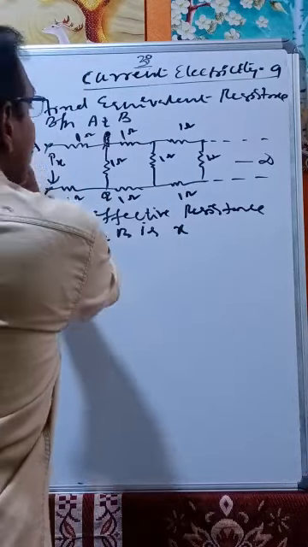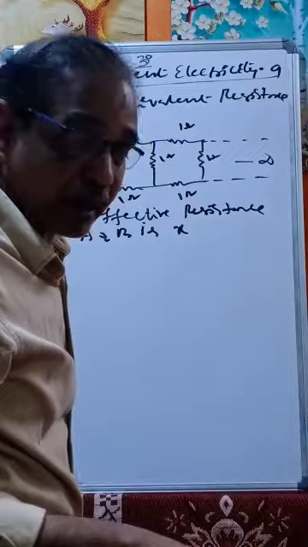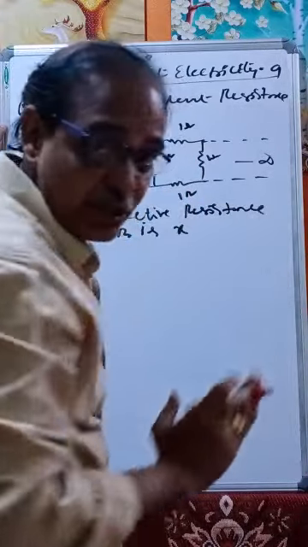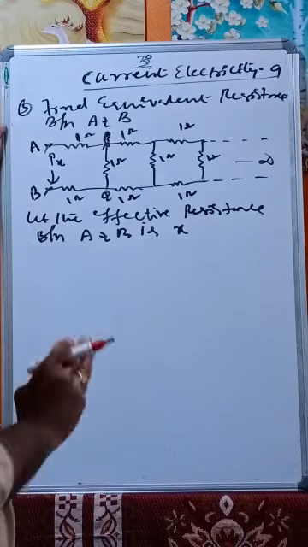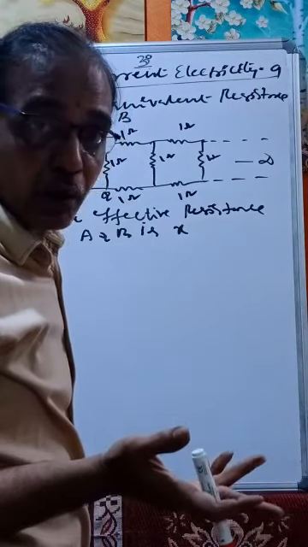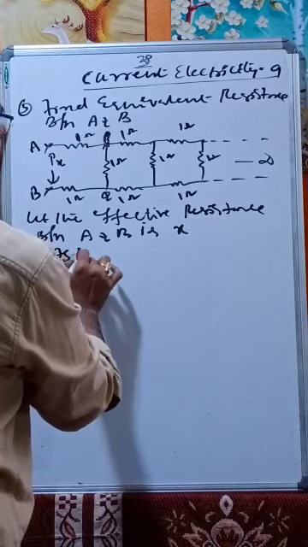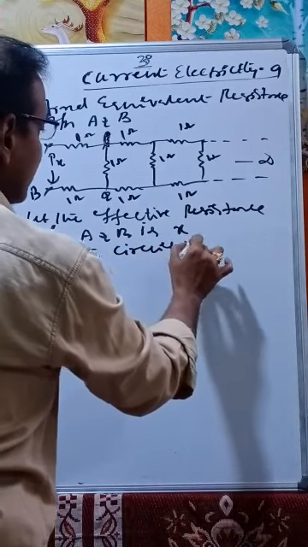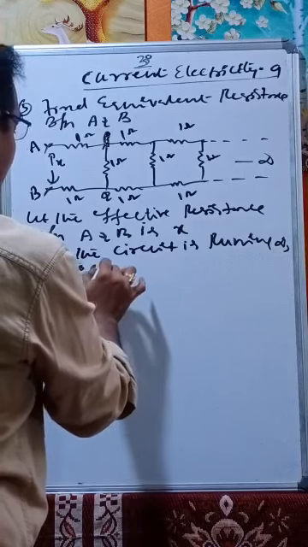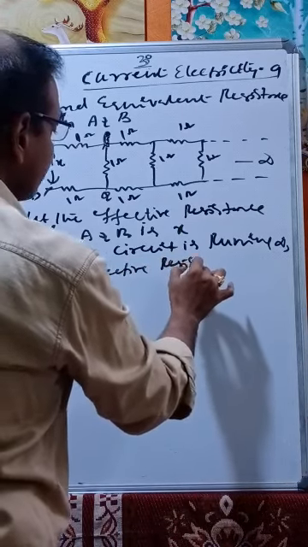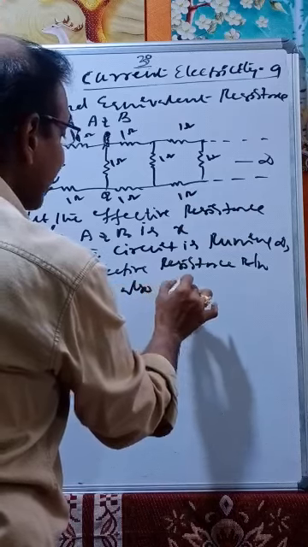Therefore, the effective resistance from A to B is X, and the effective resistance between P and Q is also X, because we have removed only one part out of an infinite number of terms, and the effective resistance will not be affected.